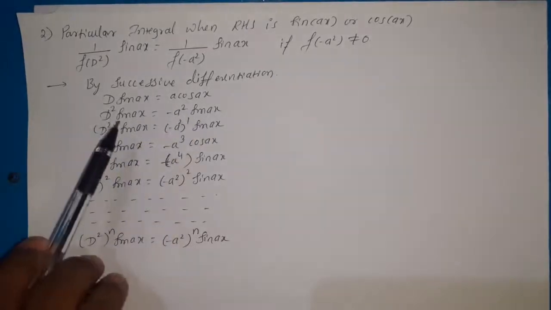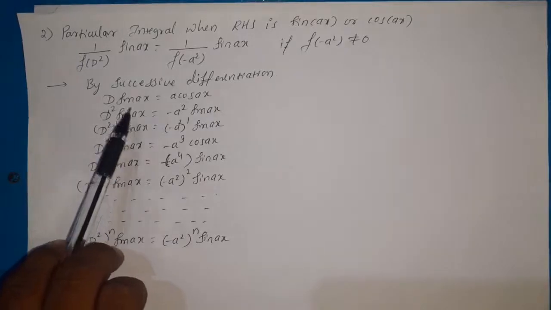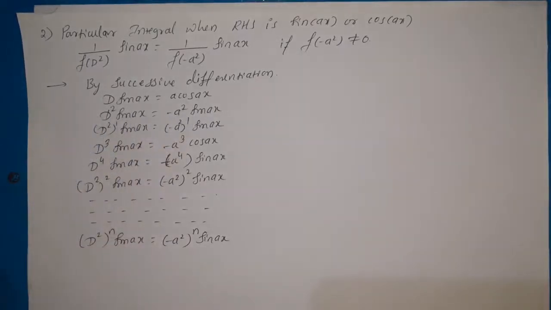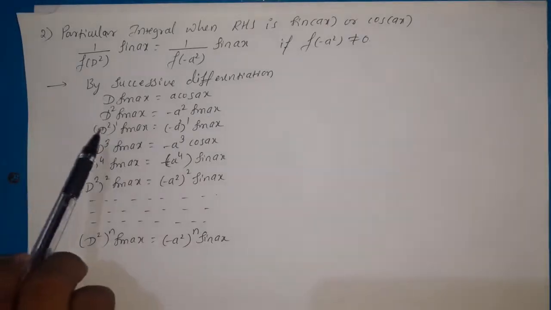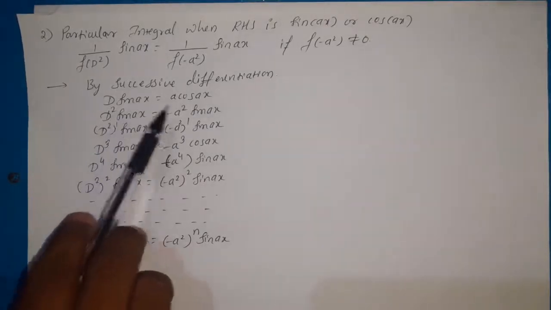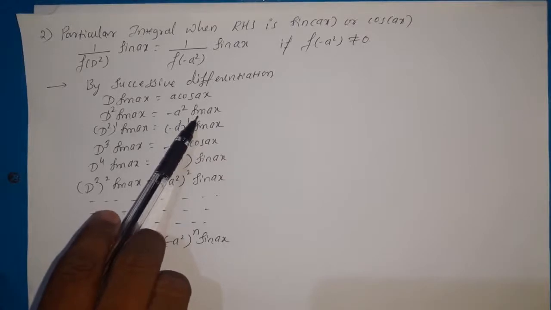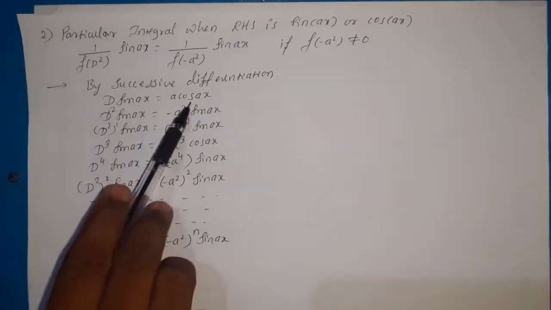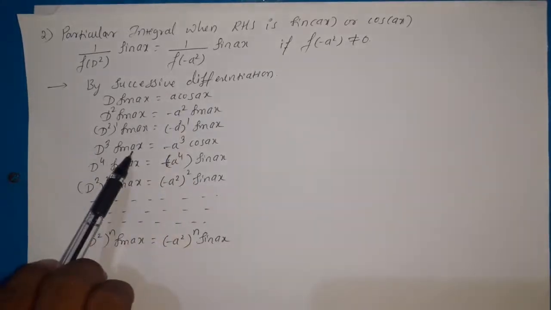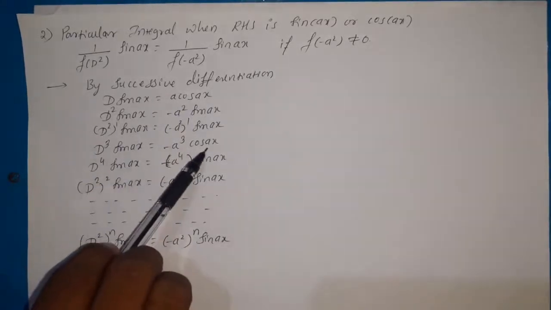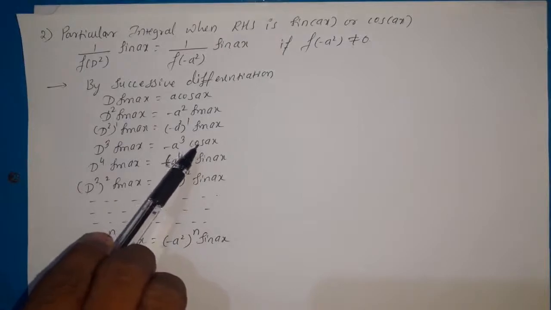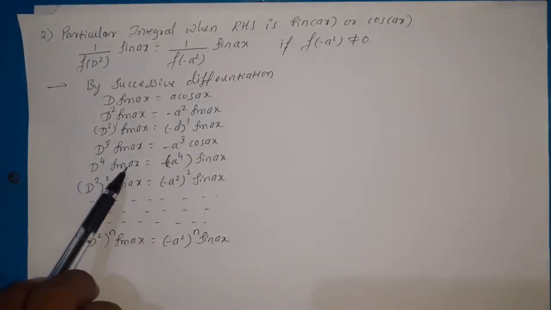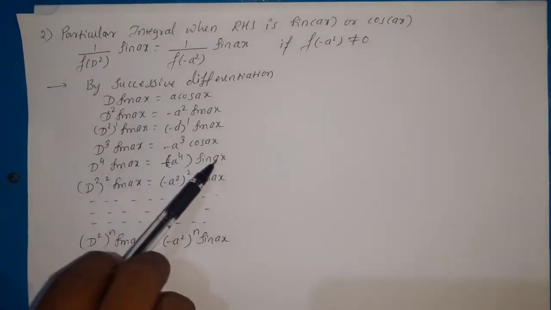Here sin ax is repeating after every even number of differentiations. But on the first derivative it is sin ax and it becomes cos ax. Now D cube sin ax is minus a cube cos ax. Now the function has changed.